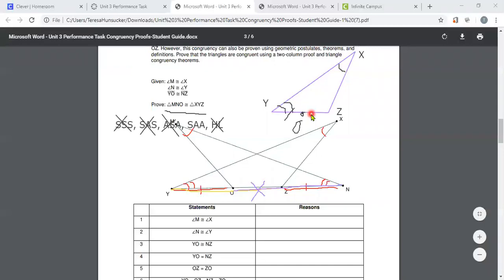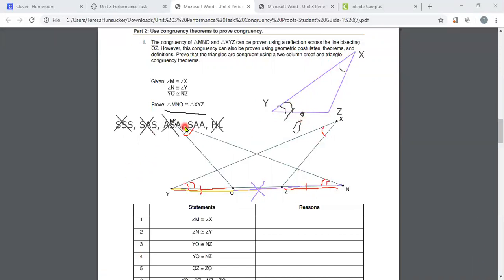It's not the included side for both angles. It's not YX as the side that'll be congruent. That's the shared side of both angles. So if it's going to be YZ congruent to NO, then it's going to be side, angle, angle.